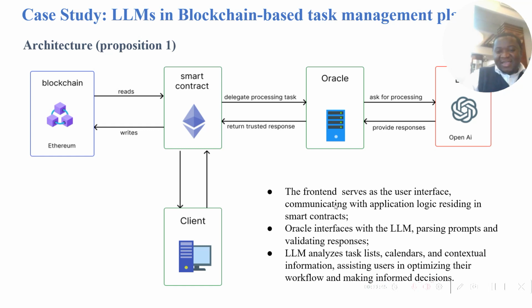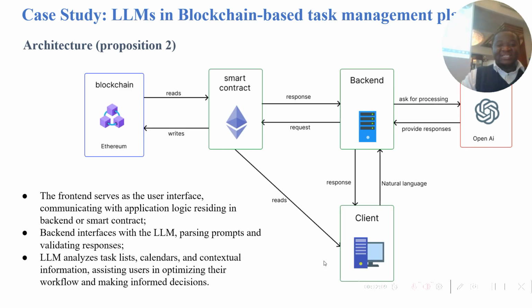In terms of specifics, the front end serves as the user interface, communicating with application logic residing in the smart contract, where an Oracle interfaces with the LLM, parsing prompts and validating responses. The LLM analyzes task lists, calendars, and contextual information, assisting users in optimizing their workflow and making informed decisions.